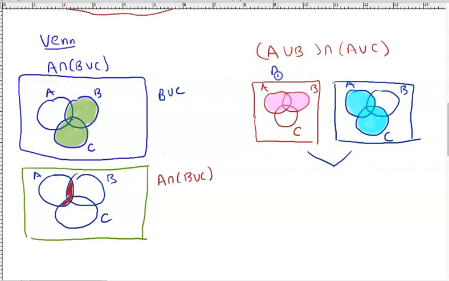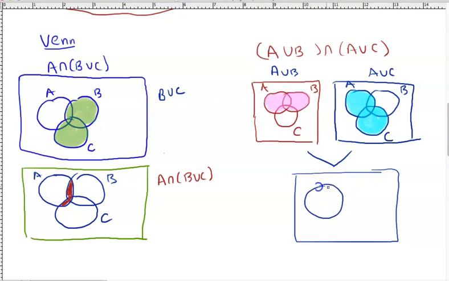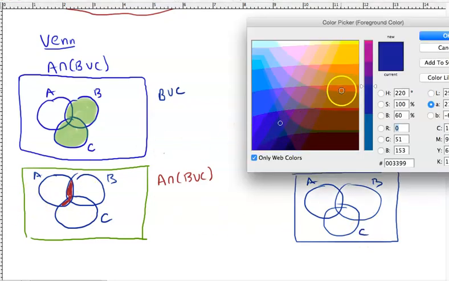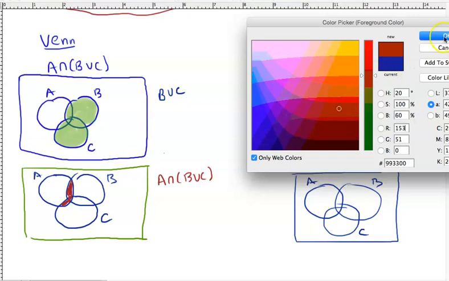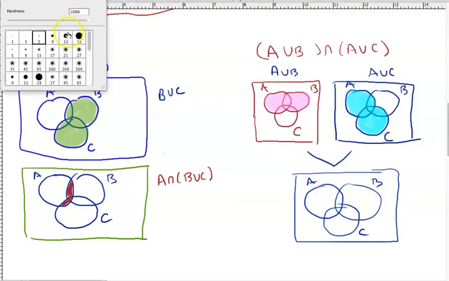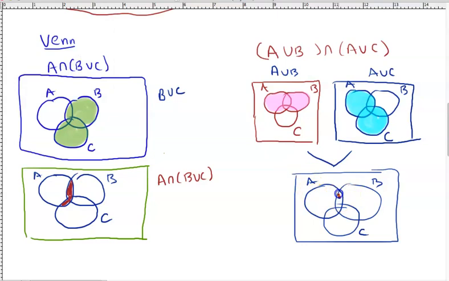Okay, so again, this is A union B, this is A union C. So the intersection, imagine putting them on top of each other, what's common, right? So what's going to be common is that sliver right there. So let's redraw it. A and B and C. Okay, so I can see what's common between those two sets above is this region right here and this region right here.